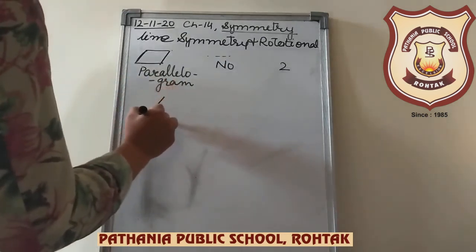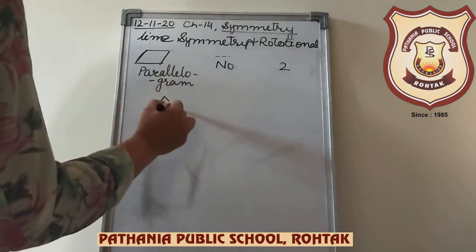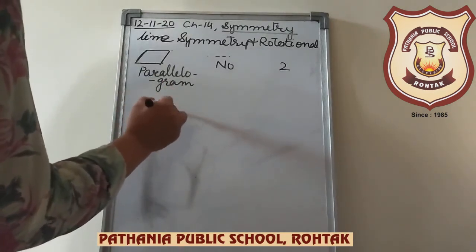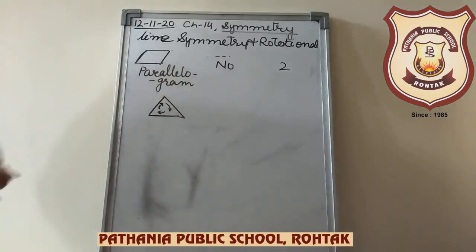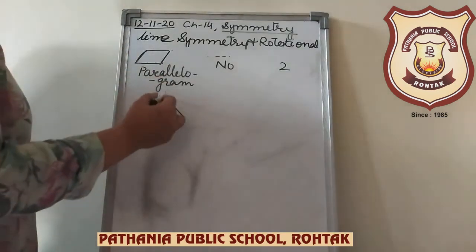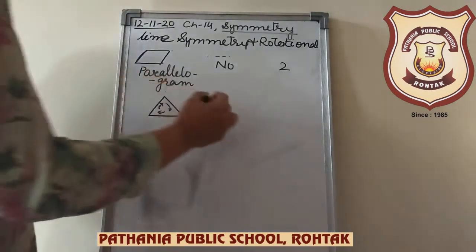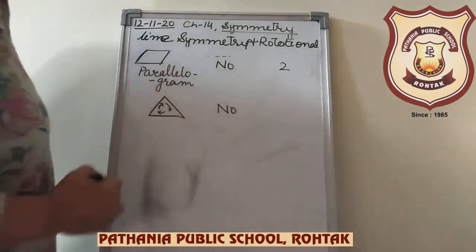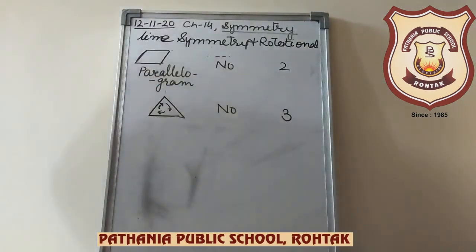But if I take an equilateral triangle and draw a few figures, again some shape inside it, can I be able to divide it along a line? No. So there is no line symmetry, but rotational symmetry will have order 3.